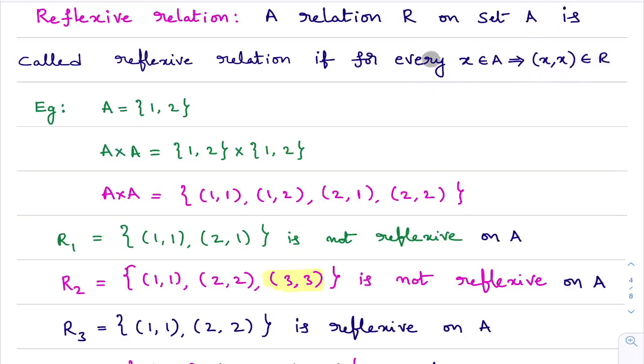Here, for every X in A, that is important. You can understand this definition clearly with an example. What is a reflexive relation? R is a relation on set A. This relation is said to be reflexive if, for every X in set A, the ordered pair X comma X is present in the relation.